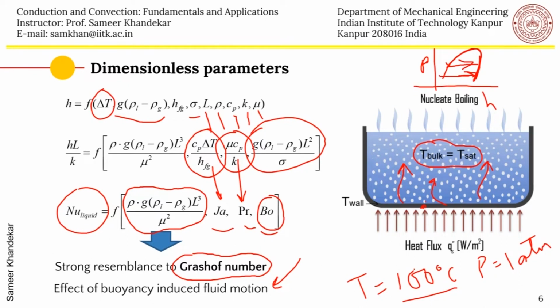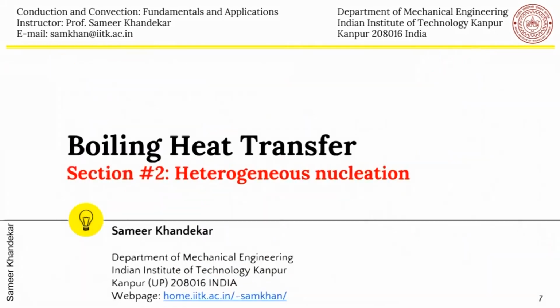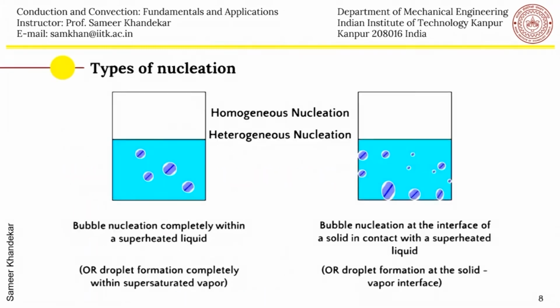So before we proceed to the actual pool boiling, when hundreds of bubbles are getting formed and released in the pool, first we will see a simple nucleation of a single bubble. So nucleation can occur in two ways. One is homogeneous nucleation, and the other one is heterogeneous nucleation.